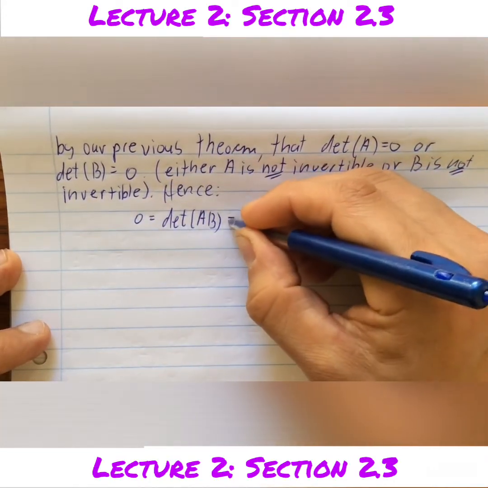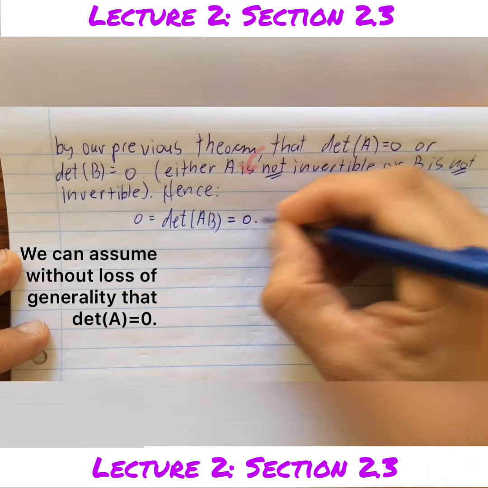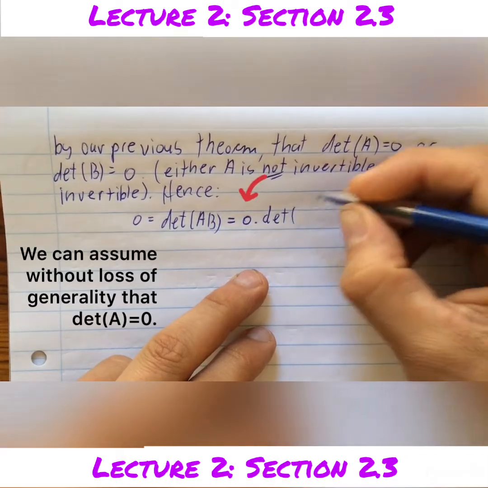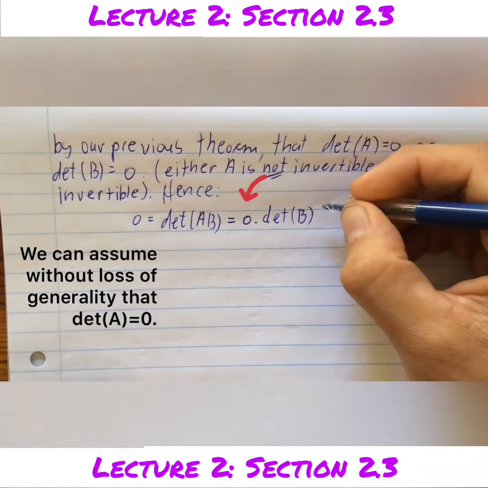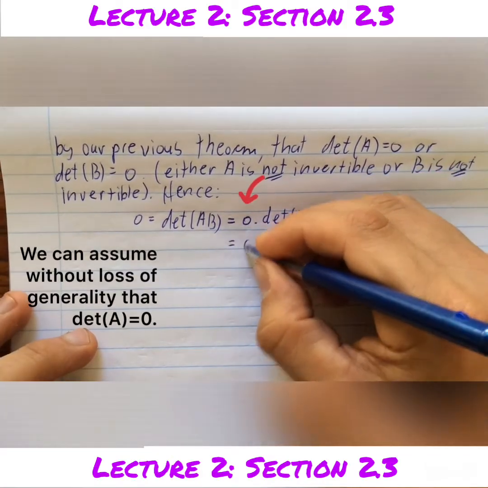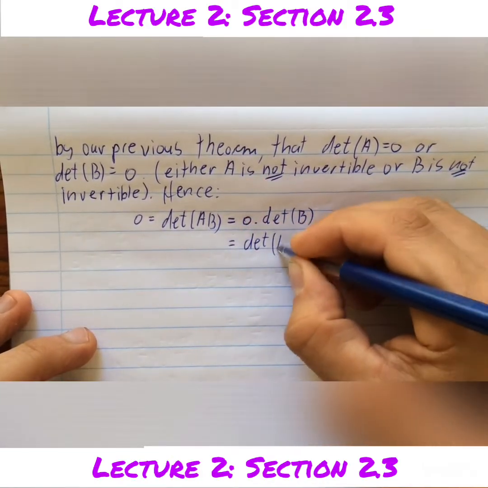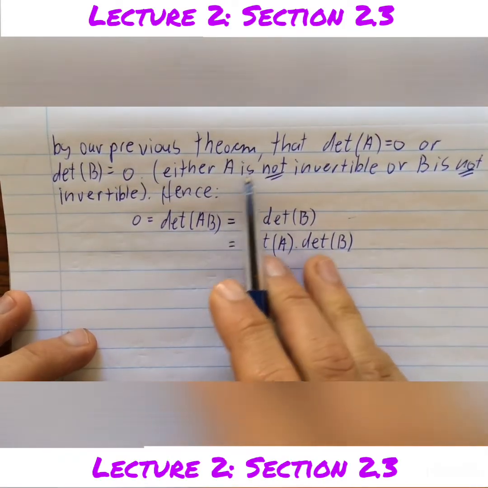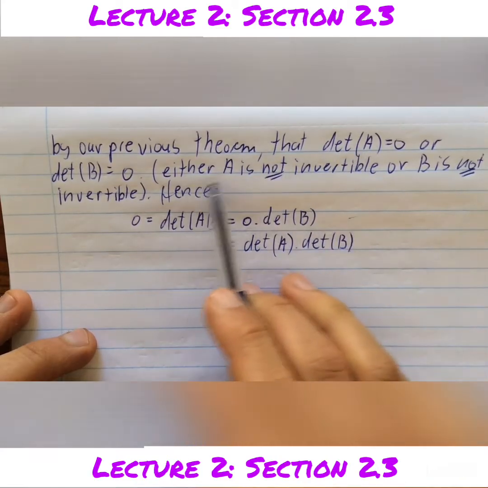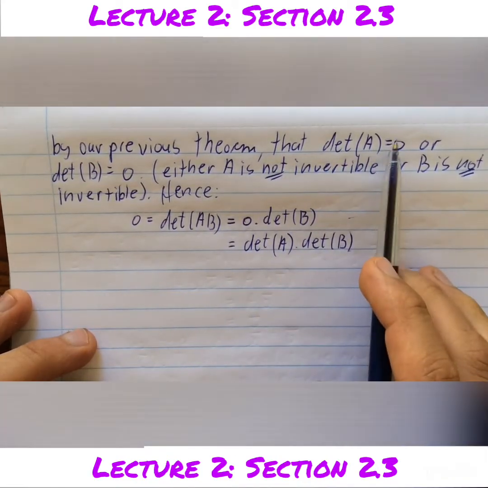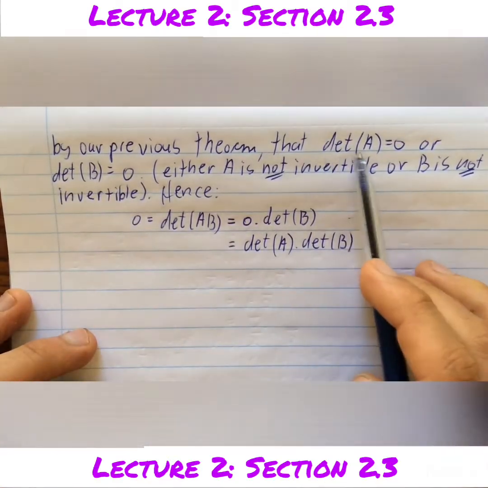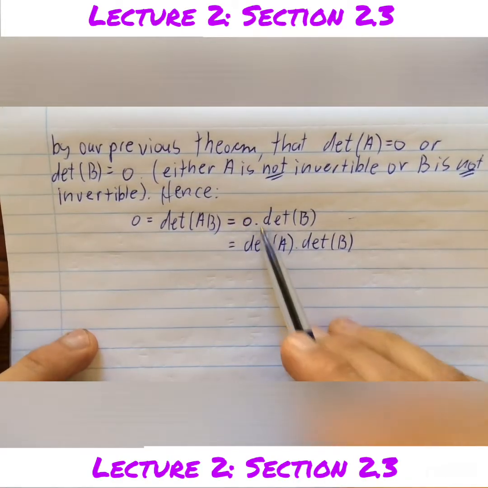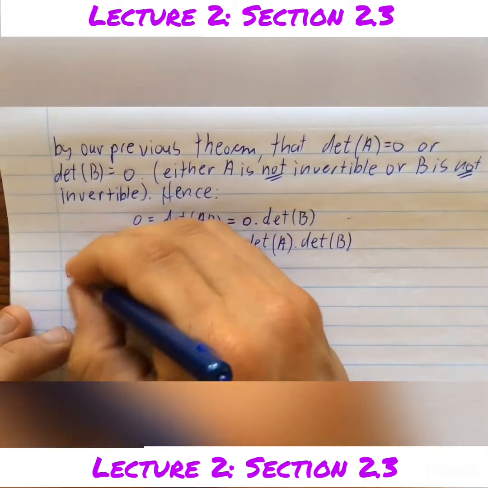So you can write that as 0 times the determinant of B, and that we can say then is the determinant of A times the determinant of B. Now, I didn't write it down here, but because either the determinant of A is 0 or the determinant of B is 0, we can assume without loss of generality that the determinant of A is 0. So you can replace 0 with the determinant of A. So our theorem holds.